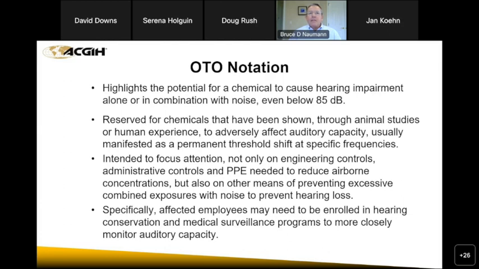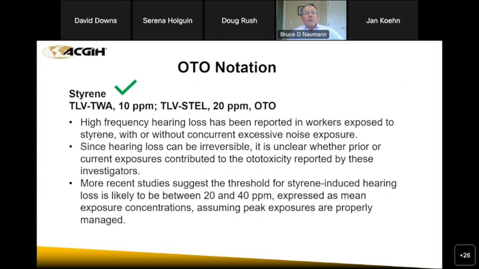Again, the idea is to focus attention not only on engineering controls, but maybe the possibility of implementing a hearing loss program. It's not a requirement, but it's something to be considered, especially even if noise levels are below that are compliant. So hearing conservation, medical surveillance, those are the sorts of things we hope people will think about.